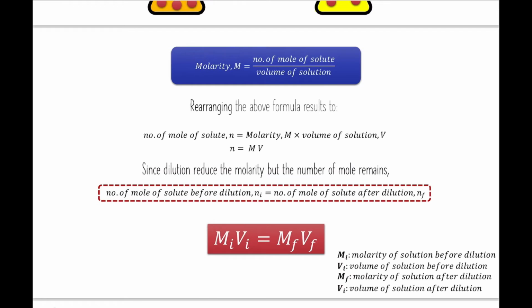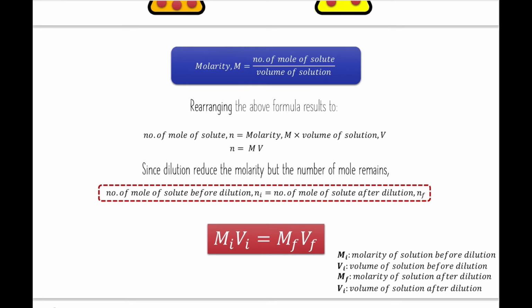Molarity is equal to number of moles of solute divided by volume of solution. Rearranging the above formula results in number of moles of solute N equals molarity M times volume of solution V, or N equals MV. Since dilution reduces the molarity but the number of moles remains, the number of moles of solute before dilution, N1, is equal to the number of moles of solute after the dilution, NF.